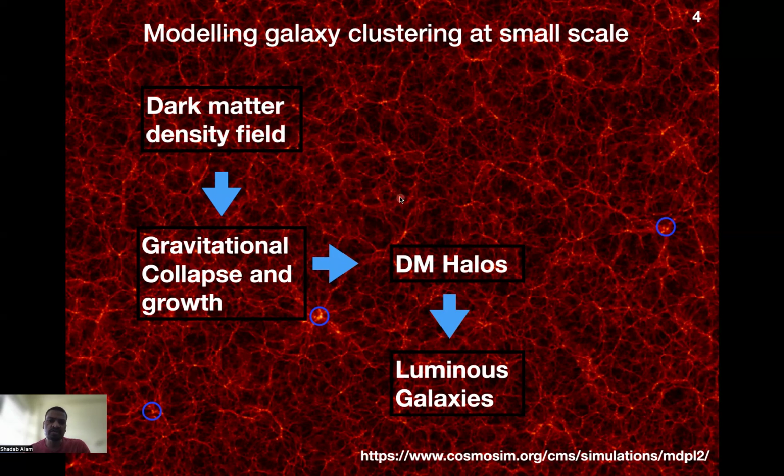But once you evolve that initial condition based on our best understanding of the model, let's say lambda CDM with GR, you see that an intricate structure forms, what we call the cosmic web. In this cosmic web, we basically have the overall dark matter density fluctuation, which has grown and then gravitationally collapsed to form collapsed regions, what we call dark matter halos. For example, some of them are very massive, and are labeled here.